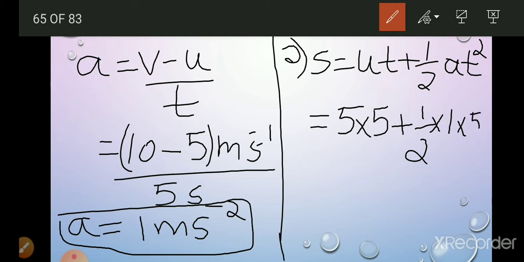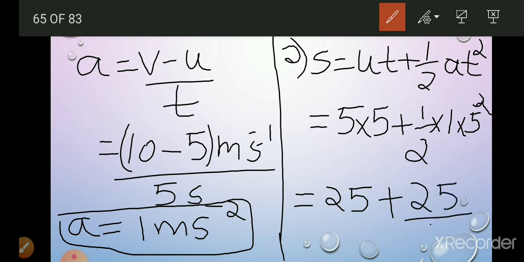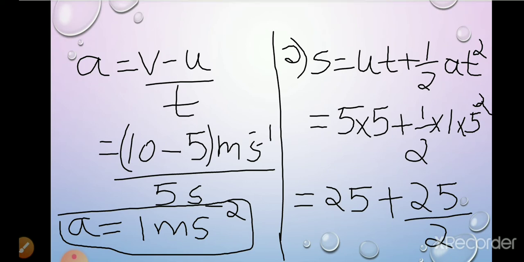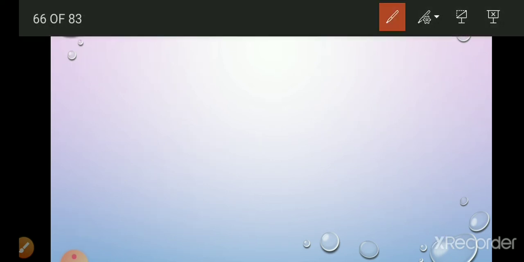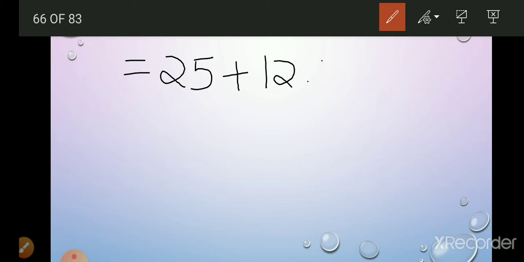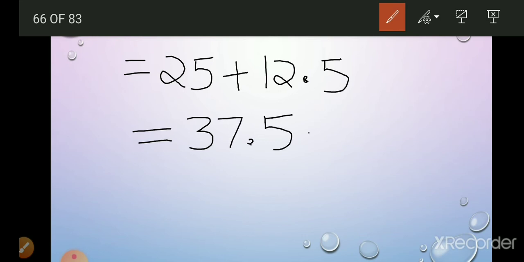So 5 fives are 25 plus 25 divided by 2, which is 12.5, which is equal to 37.5 meter.